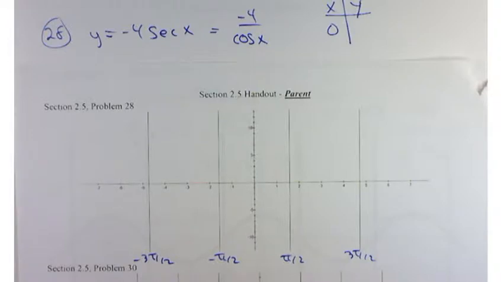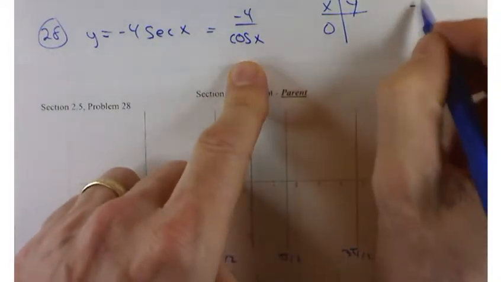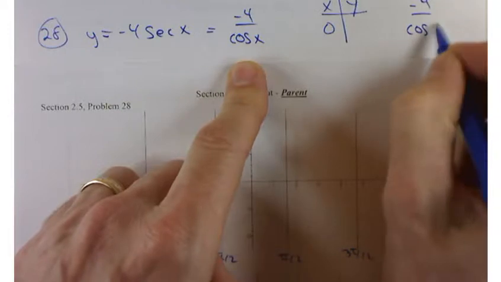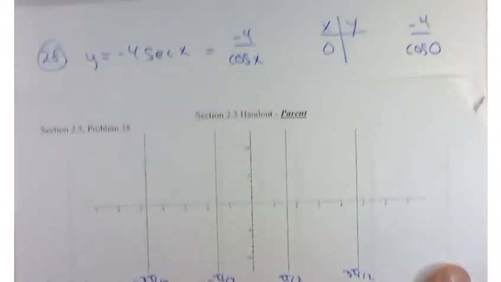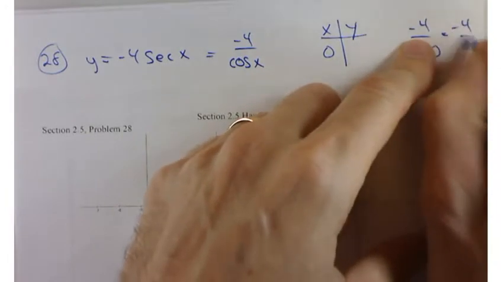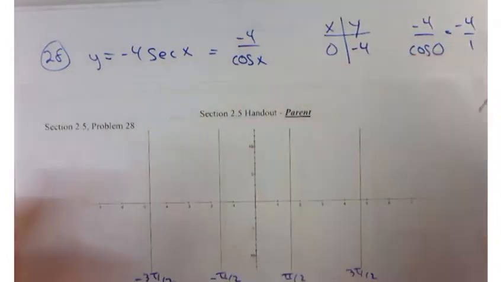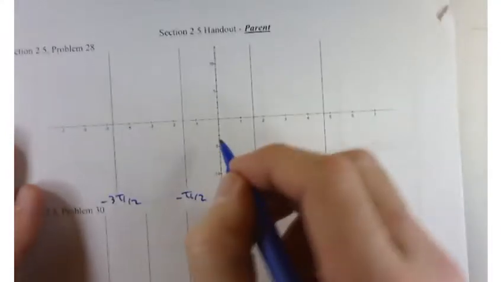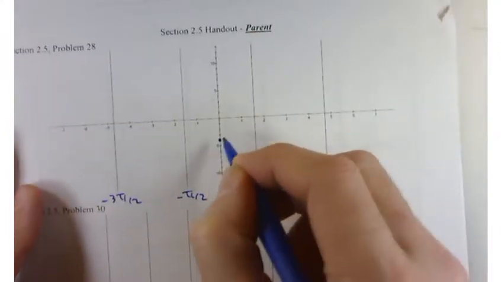Well, it'd be negative 4 over the cosine of 0. Hopefully you're not plugging 0 into your calculator to figure out what negative 4 over cosine of 0 is. What's the cosine of 0? 1. So that's negative 4 over 1, or basically negative 4. So that's telling me all I need to know.